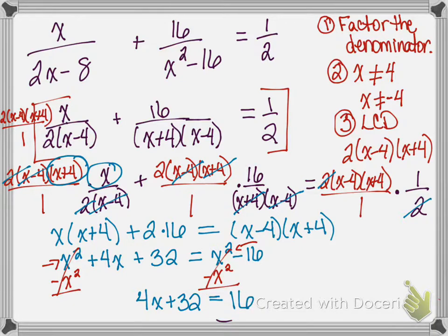What is that? Is that a very doable equation to solve? 4x plus 32 equals 16. Do we know how to solve that?